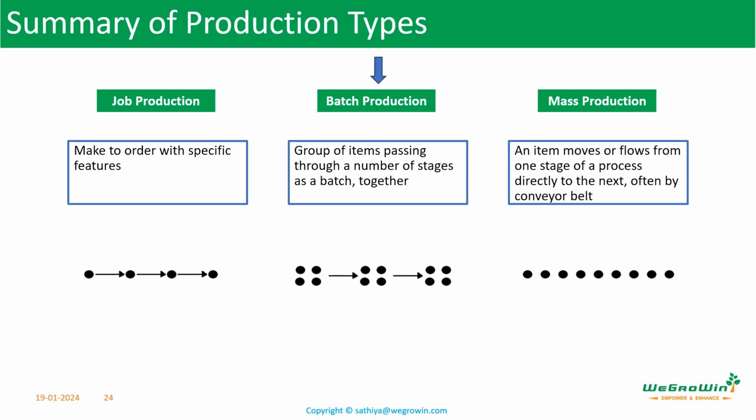Then batch production. Batch production is where the manufacturing process is split into a number of different operations, each of which is carried out on the whole batch before it is moved on to the next step or another batch is received. The batch is moved from one stage of production to the next until all manufacturing processes are completed.